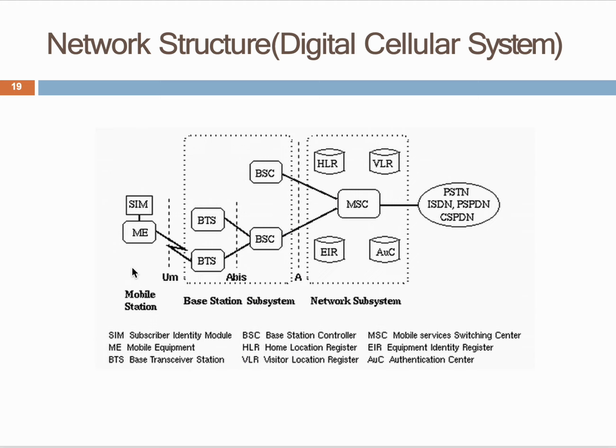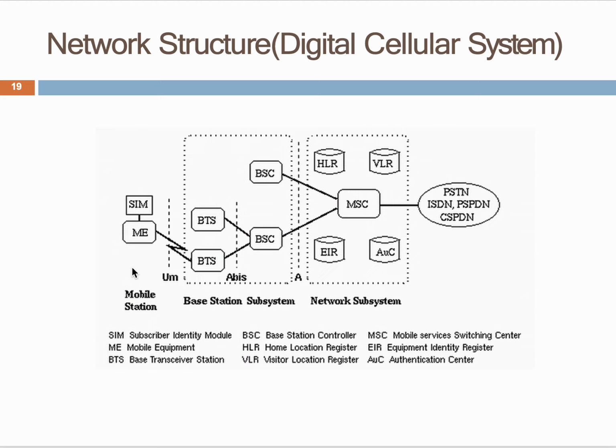Now, as the core concept of cellular communication is frequency reuse, the entire geographic zone of the cellular network is divided into subzones, and they are divided into clusters, and in each cluster we have a number of base stations. All these base stations in a small geographic zone are controlled by one base station controller.